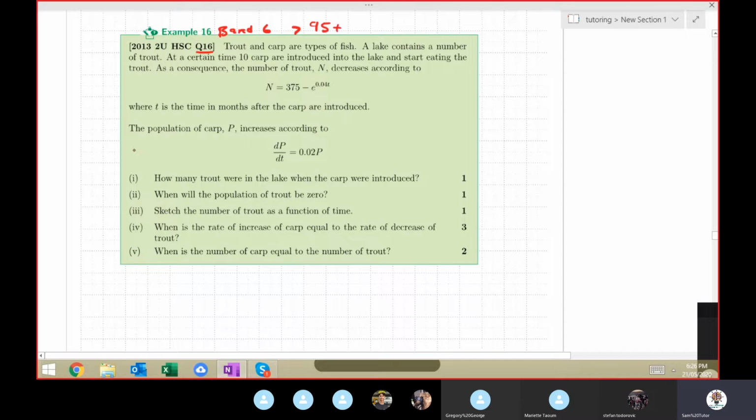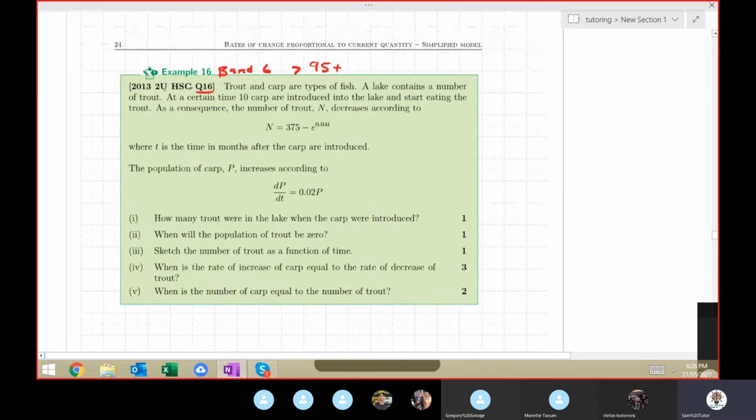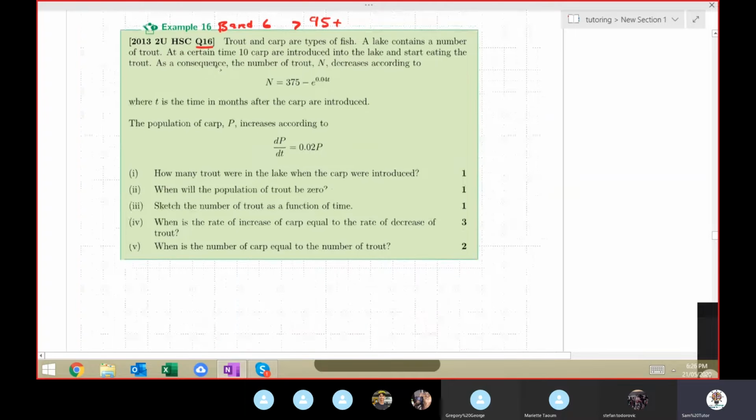Okay. Are we ready? So just maybe write down in your books the question, the paper, 2013, two unit. Why is this even in the extension 1 booklet? This should be really easy then for you guys. But anyway, 2013 2 unit HSC. Question 16. Trout and carp are types of fish.